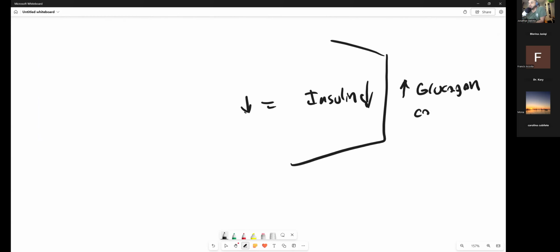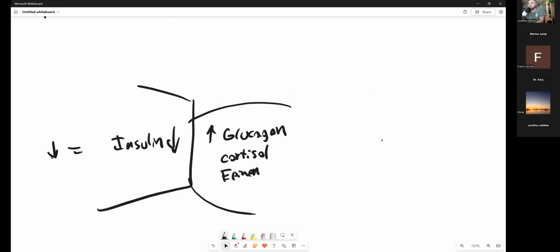We also activate cortisol and epinephrine, right? And these hormones are very much sympathetic. This is part of the sympathetic system. So sympathetic activity now starts to get activated.